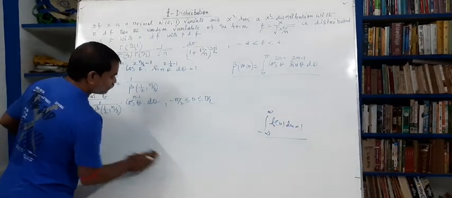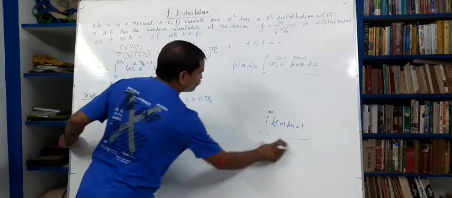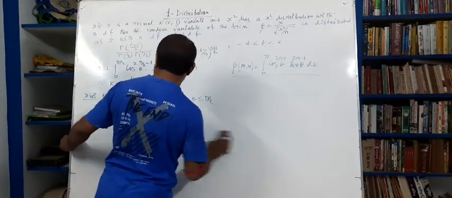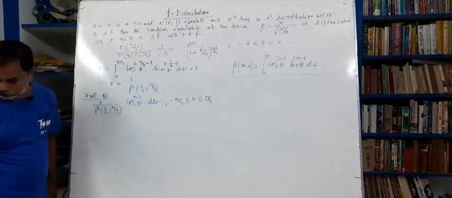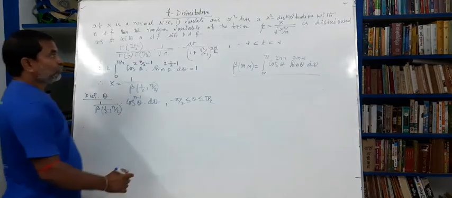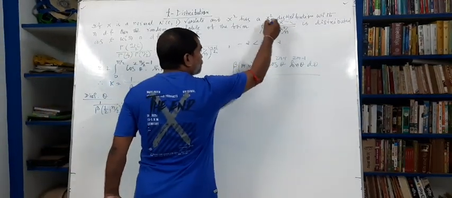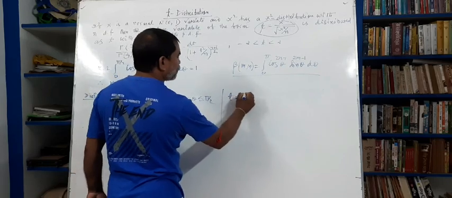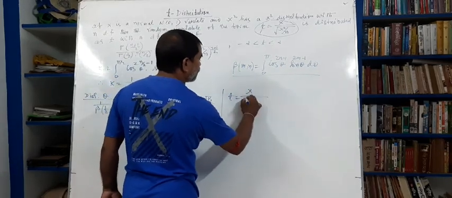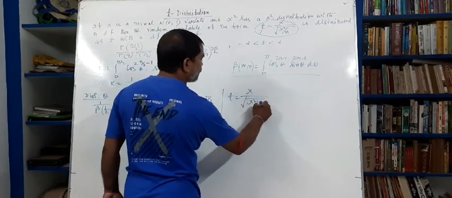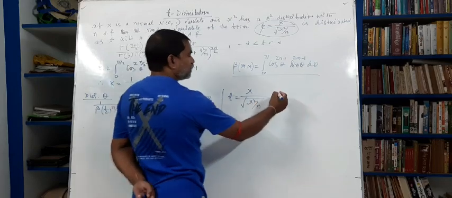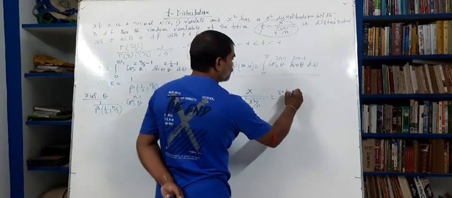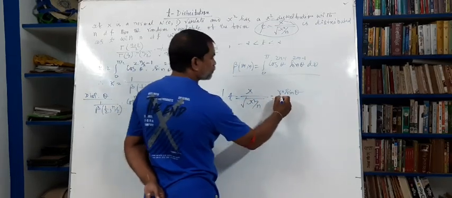Now, here t equals, what is t? Here t equals x divided by root over of chi square by n. What is x? x is r sin theta, and what is chi square?